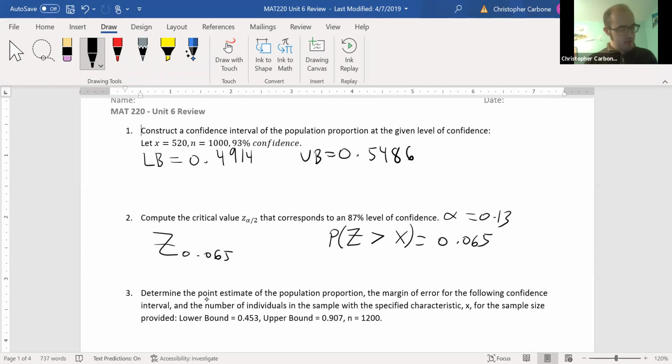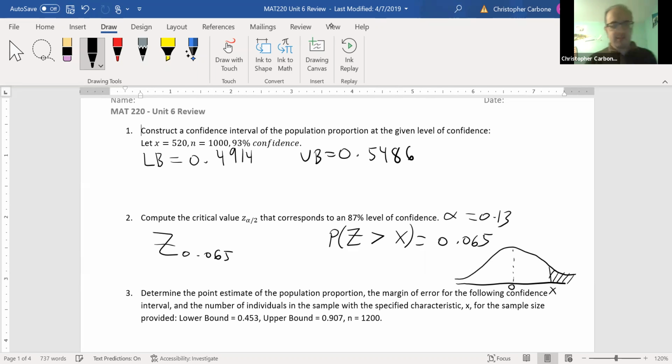That picture would look something resembling the following. Have 0 here in the middle. Our value would be down here, where the area above it is 6.5%.